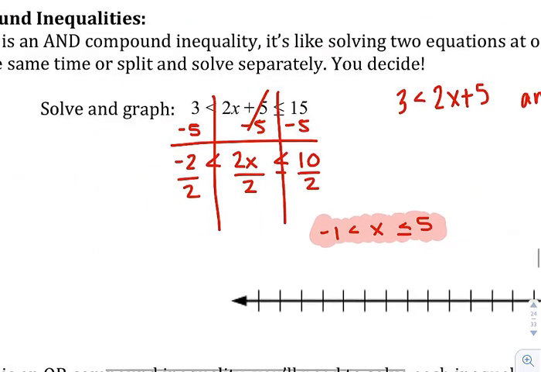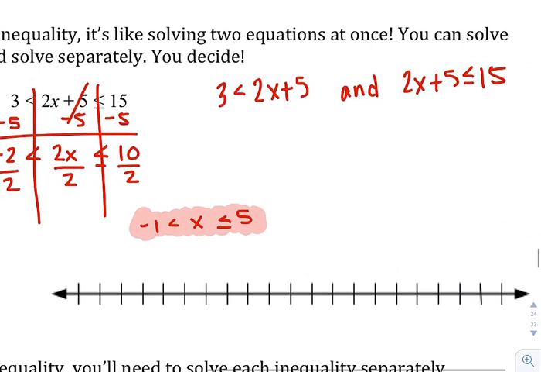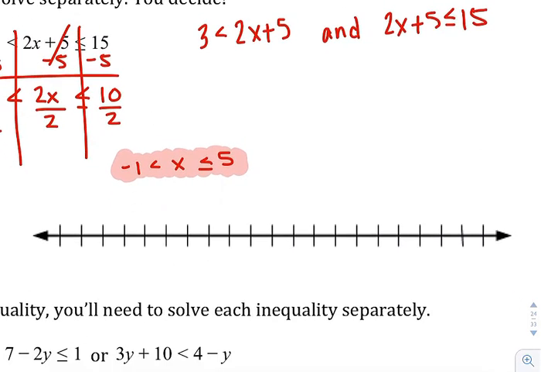If you would have tried to solve them both separately, over here on the right, you should have gotten the same thing. So the last thing to do is to just put it on the graph.